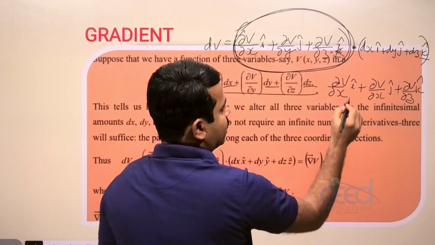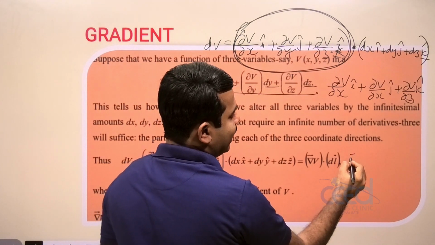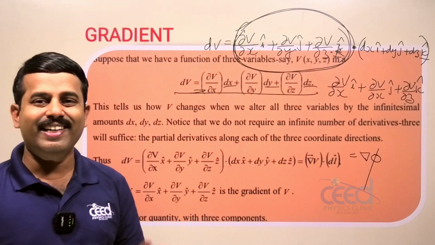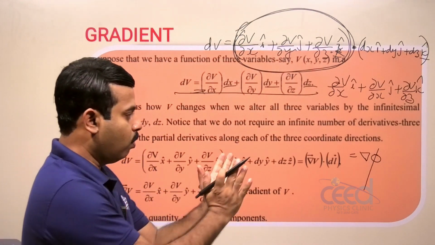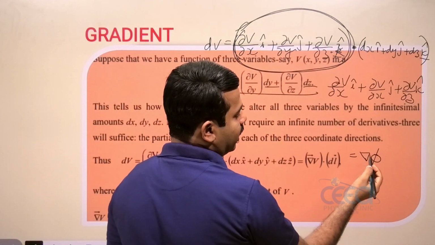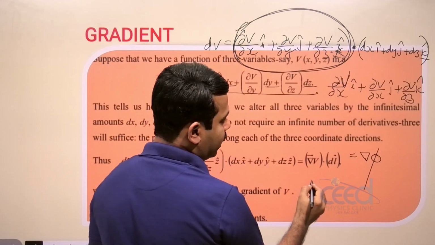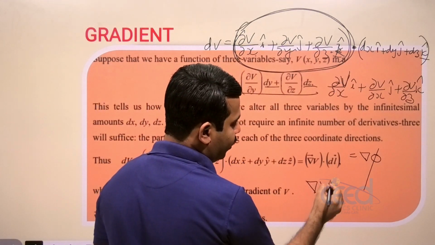This notation is known as the gradient of phi, or, since this is the function v, the gradient of v.